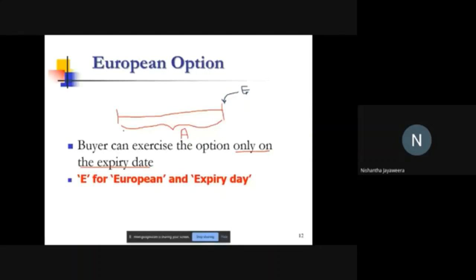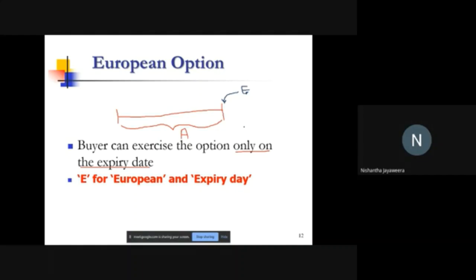So what I review here: an American option can be exercised anytime during the time period, but a European style only on the expiry date. Since the American option has more flexibility, the prices of American style options are higher than similar European options. What do I mean by similar?